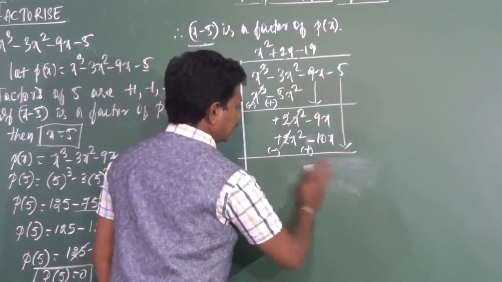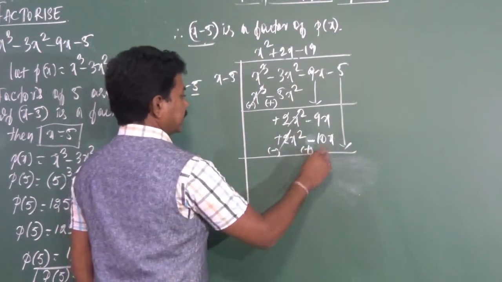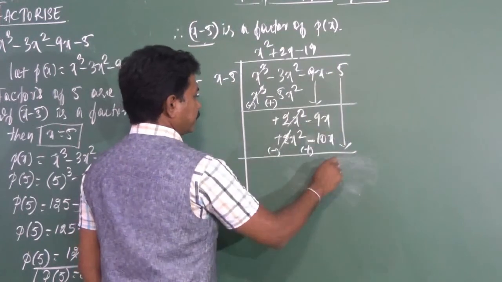A small error has happened. So plus 10x minus 9x is x, and this 5 comes down.